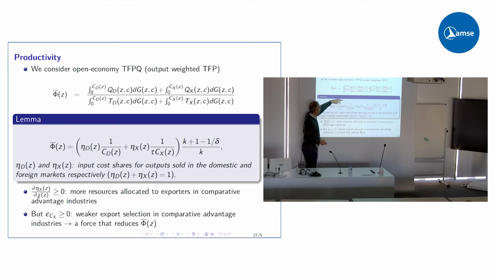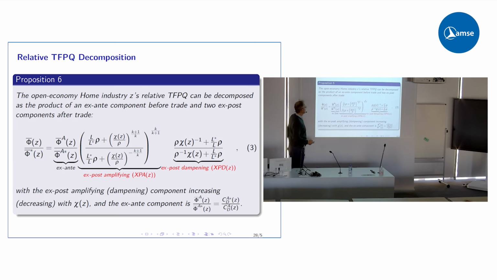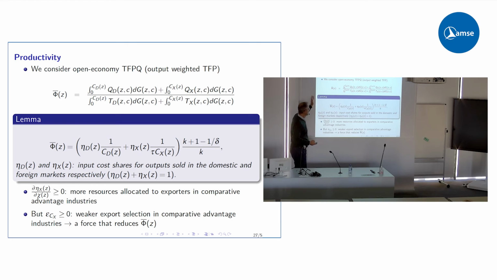You have to compute output per input, and here I can move fast. The key thing is that this is just the definition: the TFPQ is output divided by your total cost of inputs.